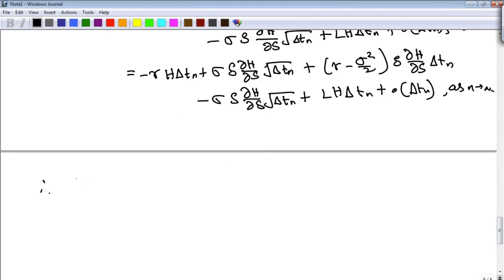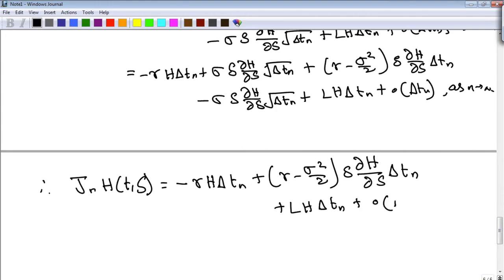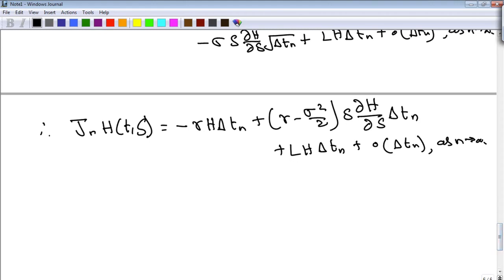Therefore, the further simplification gives us JnH of T comma S is equal to minus RH delta Tn plus (R minus sigma square by 2) S ∂H/∂S delta Tn plus LH delta Tn plus the higher order terms. Now put the expression for LH here.